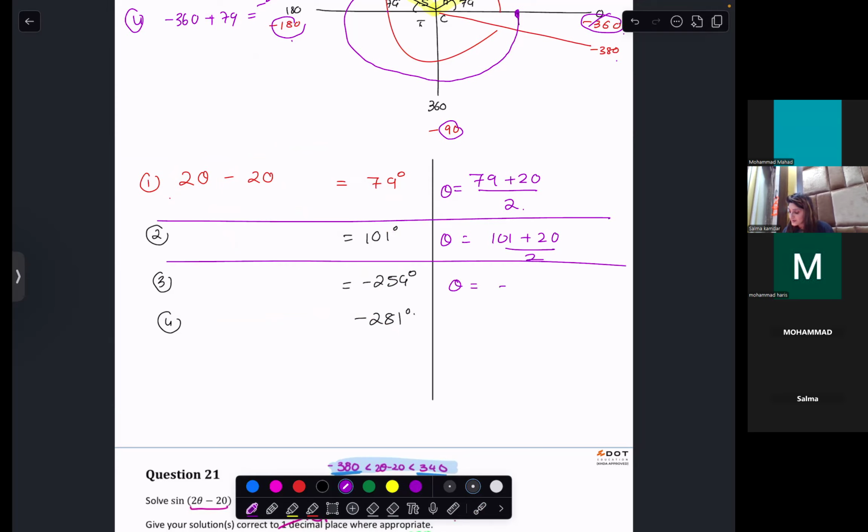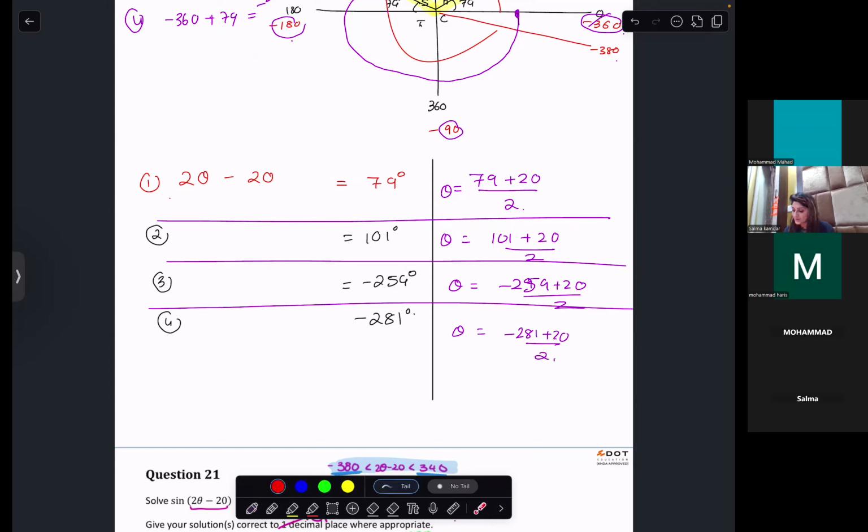Here I will do plus 20 divided by 2. And here again I will do minus 281 plus 20 divided by 2. You know why I did plus 20 and divided by 2? Okay. Now to get the value of theta, this becomes 49.5, 60.5, 119.5, and minus 130.5.